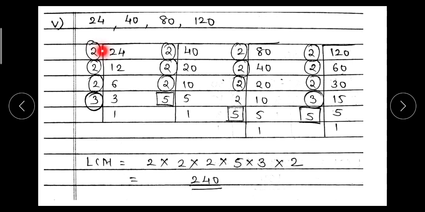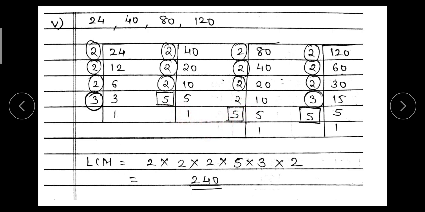Common factors 2, 2, 2. 3 times 2 is common. So 2, 2, 2. Okay. Now we have to make groups. Here in this, any common number is there? No. Here any common number is there?